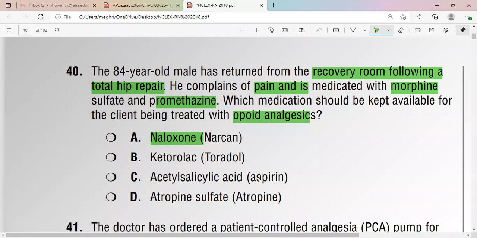Aspirin has anticoagulant properties, antipyretic properties, and is also a pain reducer. Atropine, here number D, is an anticholinergic drug.